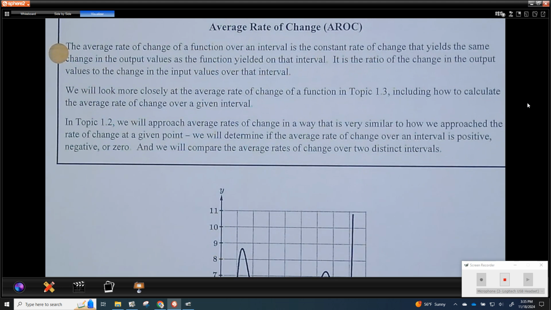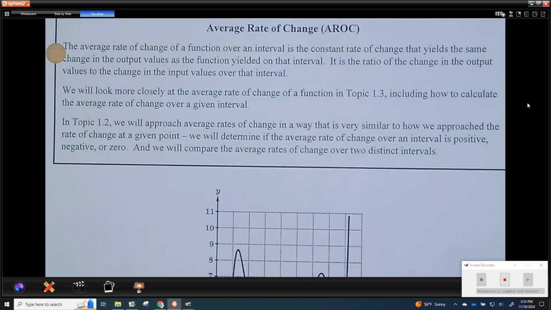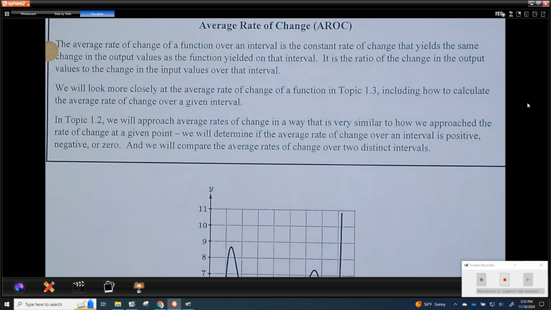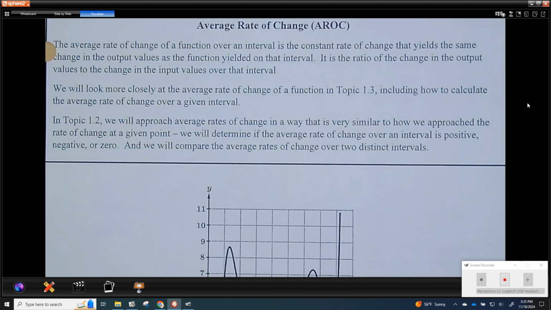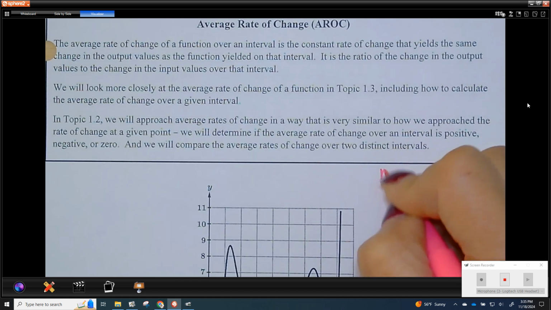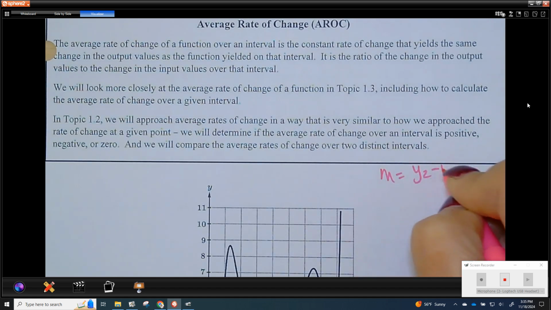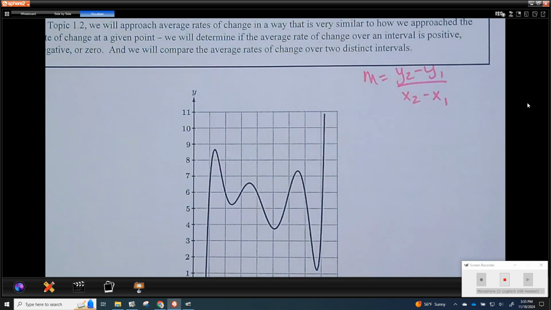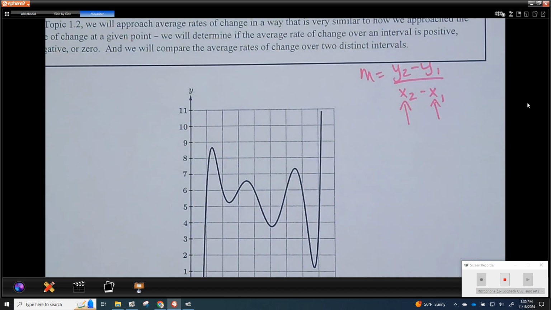Now, it's just an average, so in a polynomial, you're not using exactly what's going on over the polynomial, you're just taking the difference of those 2 points. Remember, slope is y2 minus y1 over x2 minus x1. It doesn't matter which point you do first, as long as they're together like this, and these are together like this, and they're both subtraction.